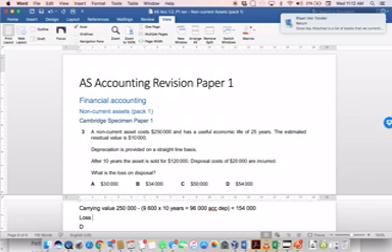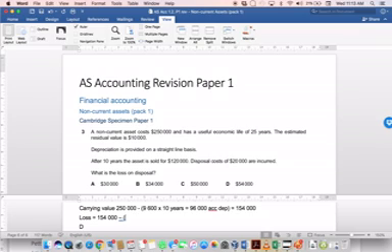The loss is going to be the difference between what it was worth, 154,000, minus what we actually got. Although we sold it for 120,000, we incurred costs of 20,000, which means that the actual value is 100,000. So that means that our loss was actually 54,000. And if you have a look at the options given, thank goodness there it is as answer number D. And so that is your answer for question 4.